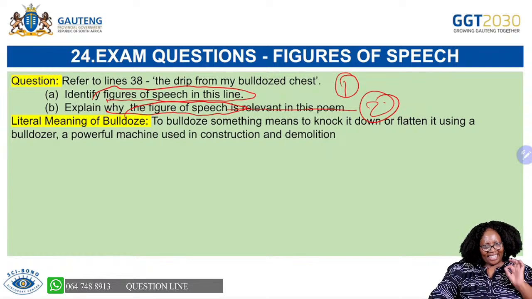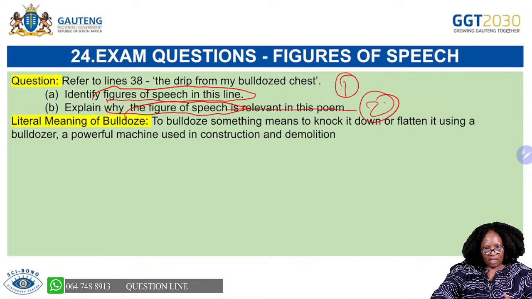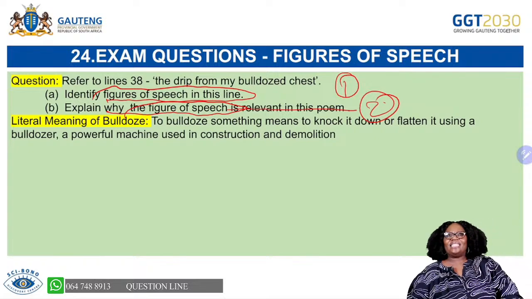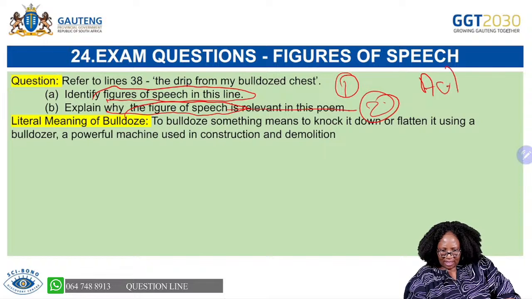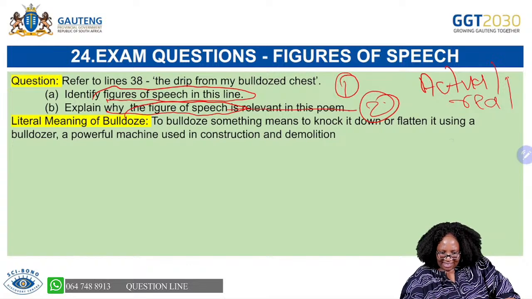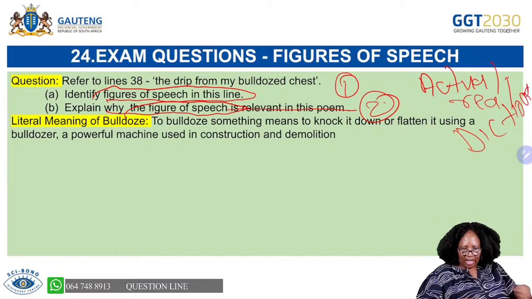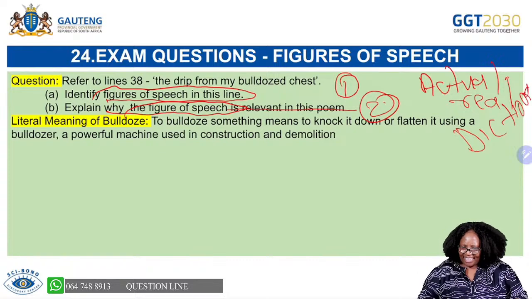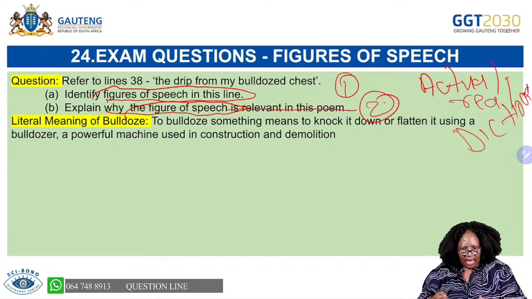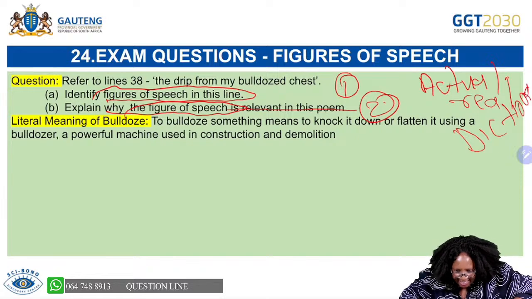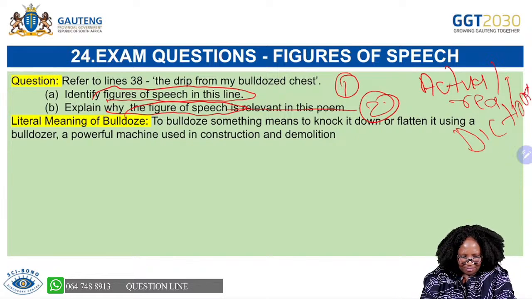What is bulldozing? The literal, the real meaning, the actual. When you speak of literal, we refer to the actual, real meaning, or dictionary meaning of a word. To bulldoze something means to knock it down or flatten it. Can you feel the image? The words there are heavy. To bulldoze, to knock down, to flatten, using what?